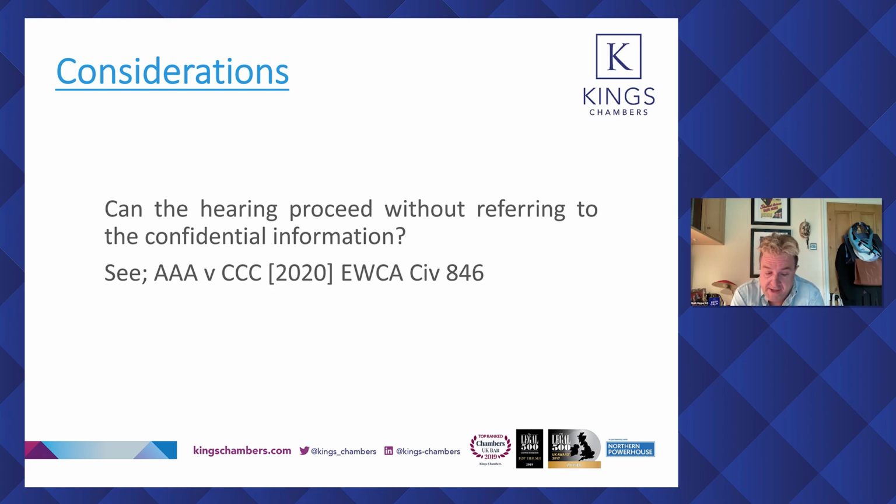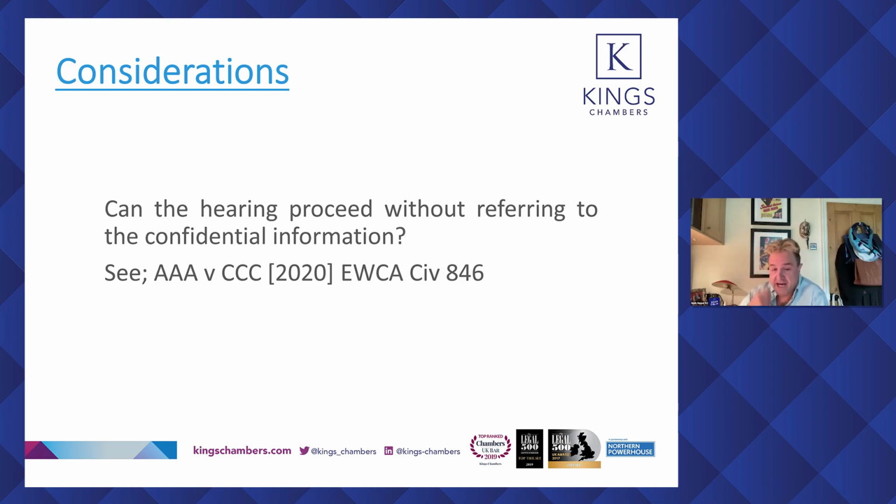As you'll be aware, if confidential information is referred to in a public court hearing, then confidentiality will have been lost, the obligations of confidentiality rendered nugatory, and the application for relief would be self-defeating. If it is not possible to make an application without referring to the confidential information, then an application for the hearing to be held in private will be necessary.